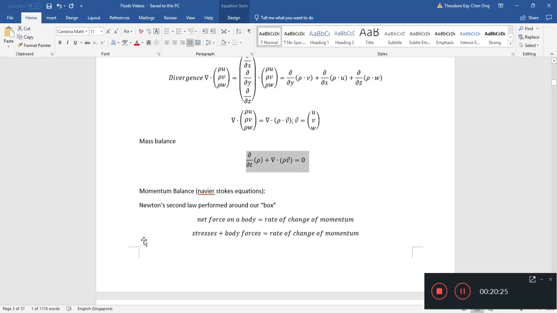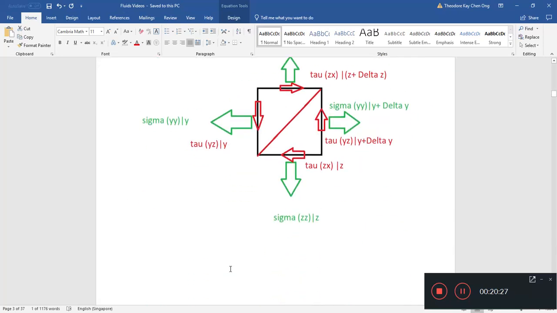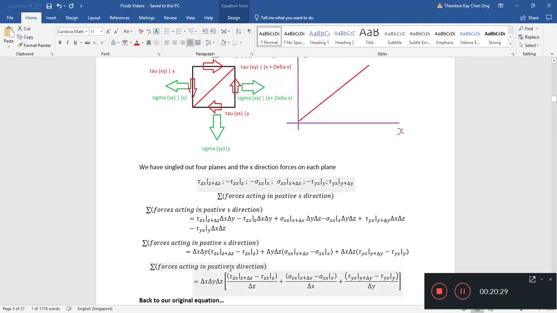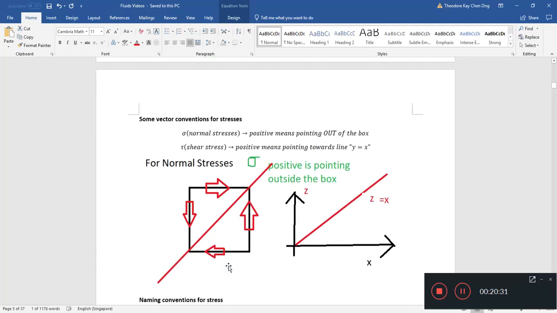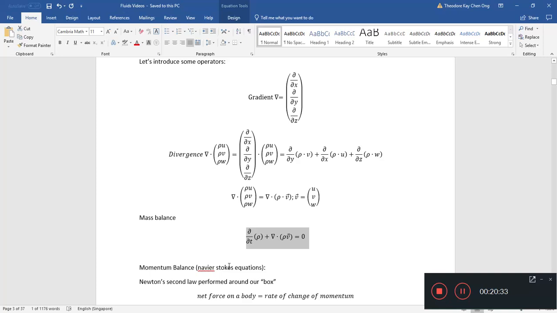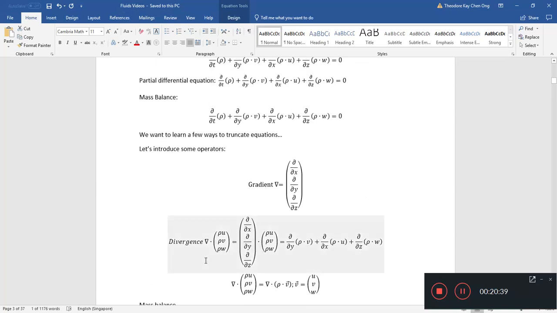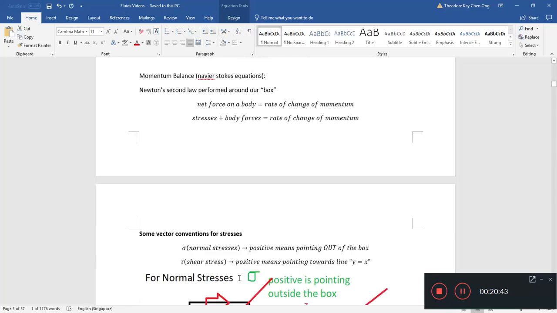That's our mass balance equation. Is this our mass balance? Yeah, I think so. This looks like it. Yeah, this is our mass balance equation. Let's bring it down.